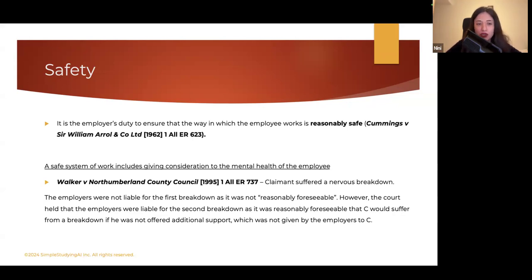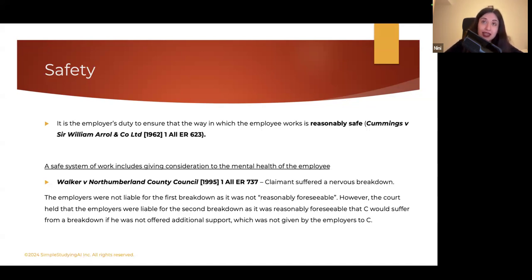A safe system of work includes giving consideration to mental health as well. So not just physical safety, but mental health. The case is Walker versus Northumberland County Council, 1995, where the claimant suffered a nervous breakdown. The first time, it was not reasonably foreseeable, so the court said that the employer was not liable.